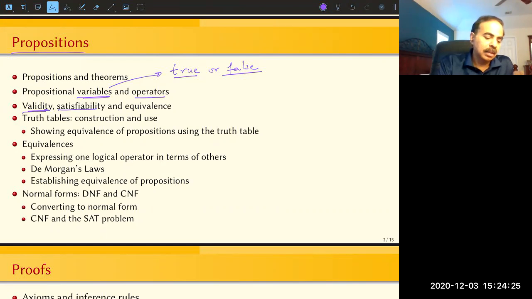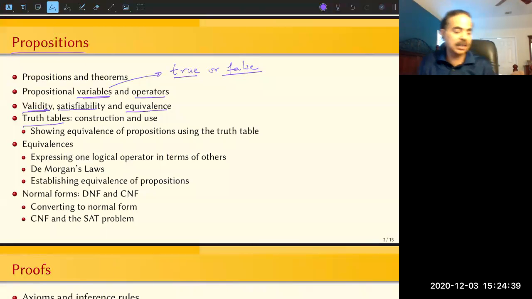And then we have equivalence of two formulas, which could be established in a number of ways. One of them is to use truth tables. If you use truth tables, for every possible assignment of values to the variables, the two propositions have the same value, right?